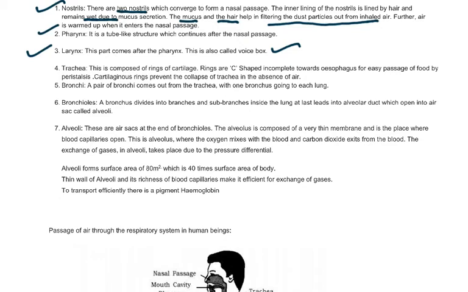Sometimes when we are speaking or talking while eating, due to the force of the air, the epiglottis opens and the food enters the windpipe. That leads to choking. That is why it is advised not to speak while you are eating food.